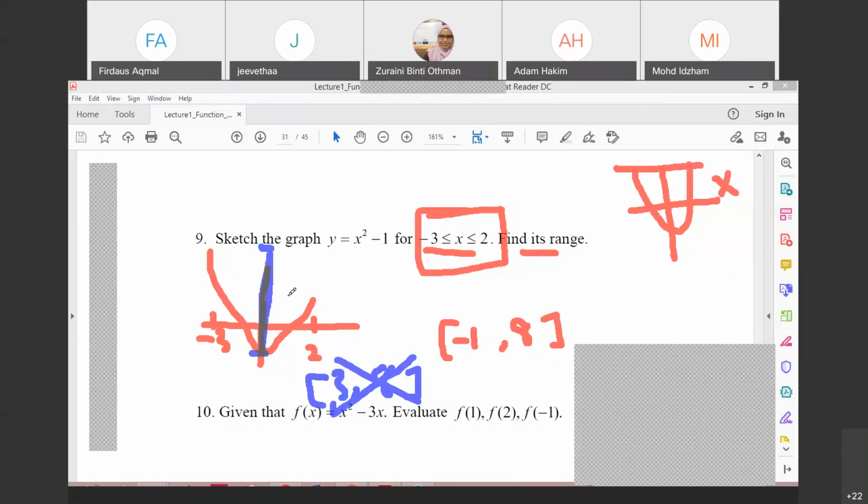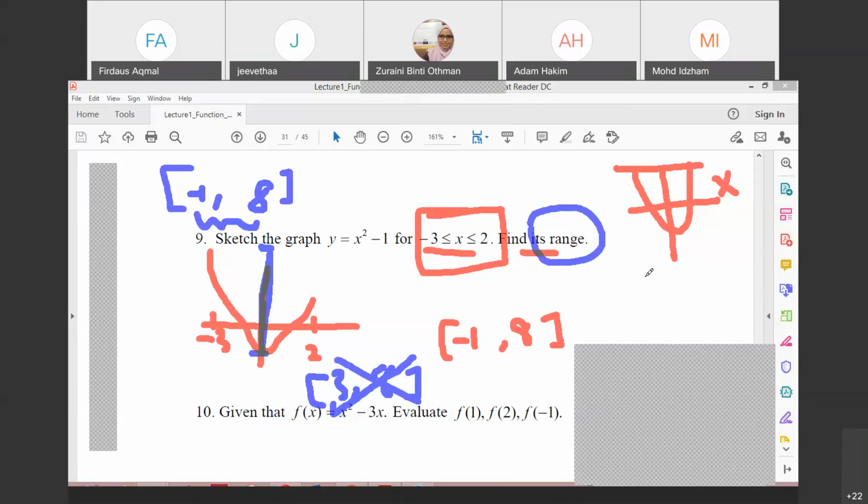Okay, kenapa bukan curly bracket? Because we have to know that we want to write the range here. Range dia ialah negatif 1 sampai 8 dan dia termasuk semua nombor sampai 8. Maksudnya there is number between these two.